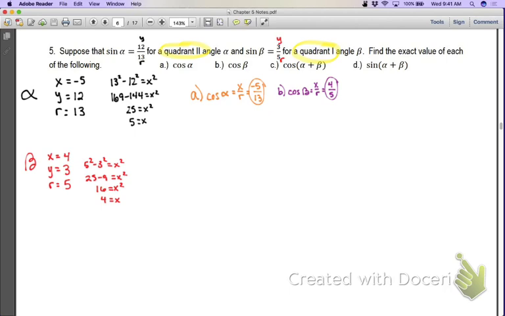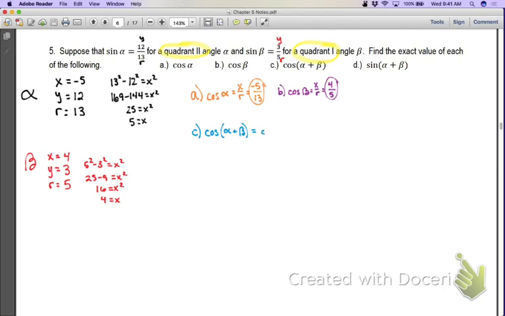Once I get everything, once I get the 4 angles that I need, once I get sine of both angles and cosine of both angles, then it just becomes, what am I going to do? Am I going to add the 2 angles together? Am I going to subtract them? Am I going to use sine? Am I going to use cosine? What am I going to do? So on C, if I have cosine of alpha plus beta, well, what's the first part going to look like?